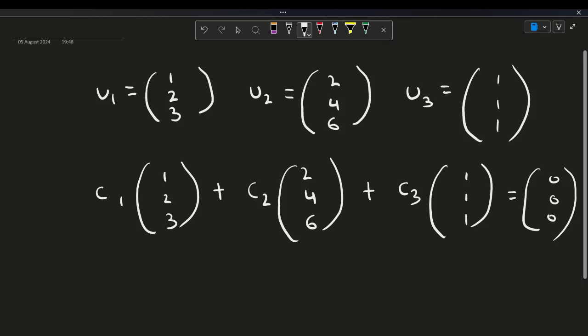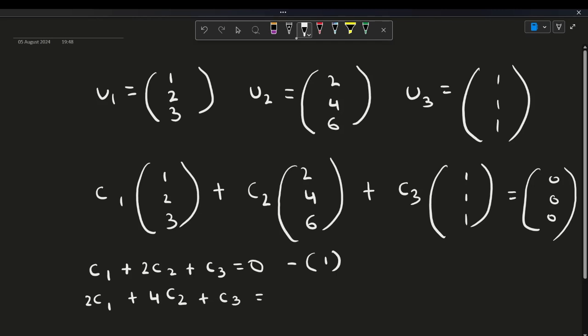So this gives us the system of equations C1 plus 2C2 plus C3 is equal to 0. That's our first equation, equation number 1. Our second equation is 2c1 plus 4c2 plus c3 is equal to 0.